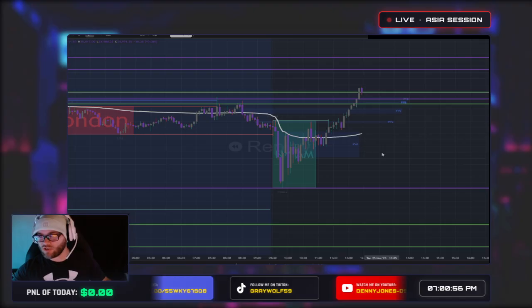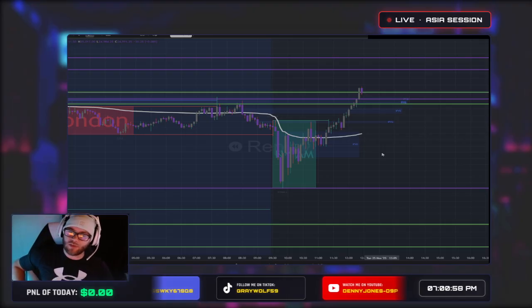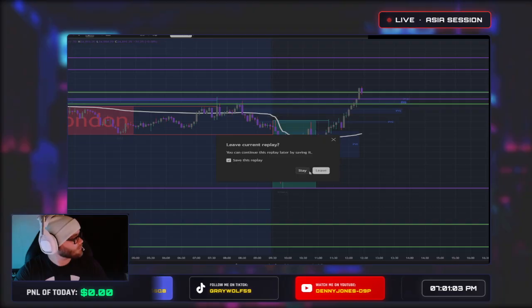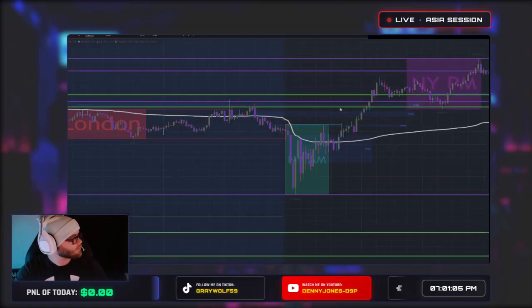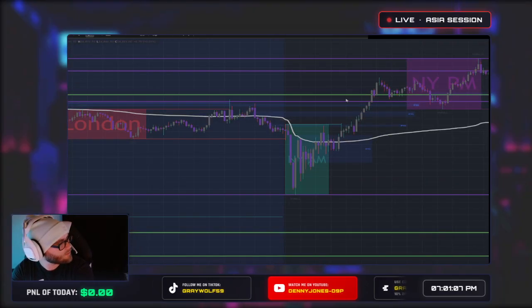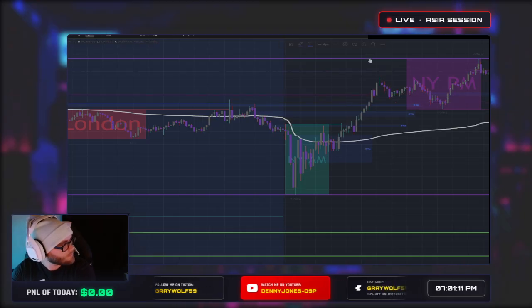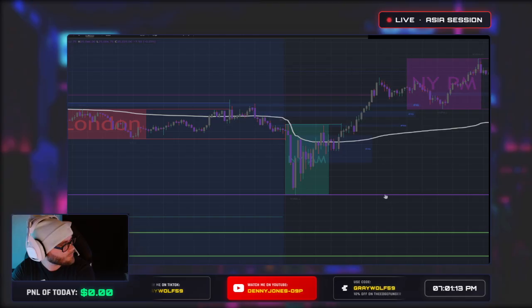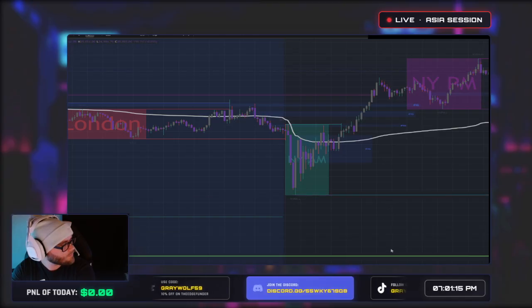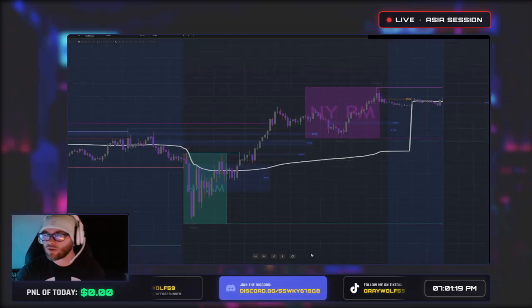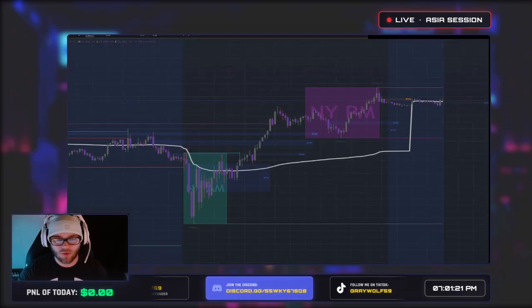Gone. And then it just kept climbing a little bit more for the rest of the day. All right? Delete these lines now. So price is always going to do that. It wants to come toward those daily levels.